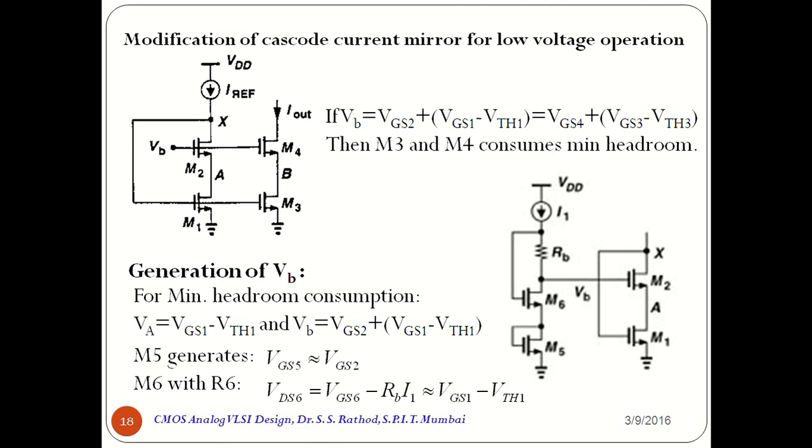We must still generate VB properly. So for minimum voltage headroom consumption, VA is equal to VGS1 minus VTH1, and VB is equal to VGS2 plus VGS1 minus VTH1.